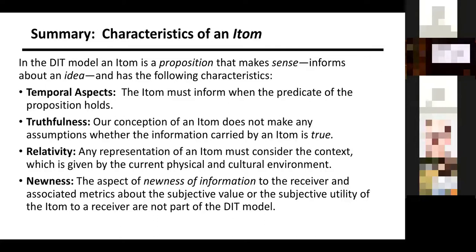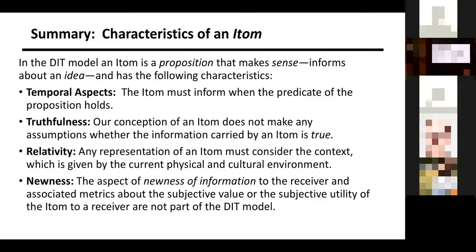On relativity: an idea is somehow abstract, but the presentation of the idea requires a certain context. And the context is always relative to some surroundings, a language context or whatever. So we cannot have any absolute representation of an item. An item is always dependent on the current physical and cultural environment.